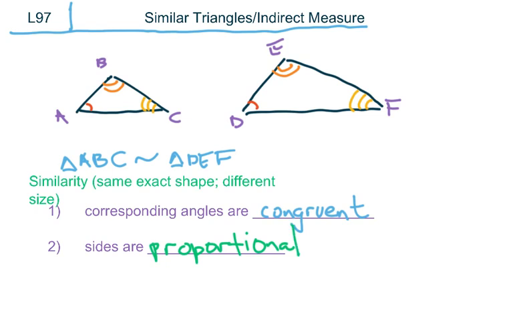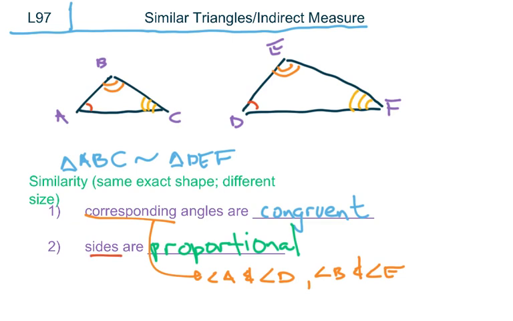Now, we've talked about this term before, corresponding. And we've talked about it in different ways, but in this case, if we're going to talk about corresponding angles, we would have to note that angle A and angle D are corresponding. They're like the same angle in different triangles, right? Or we could say angle B and angle E are corresponding.